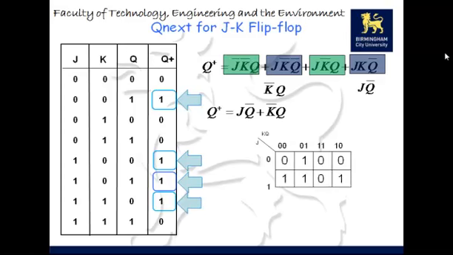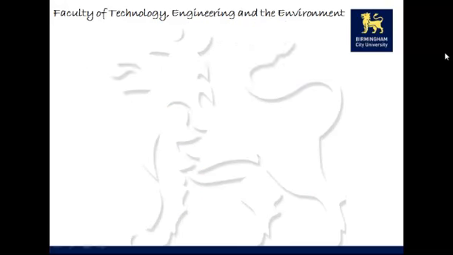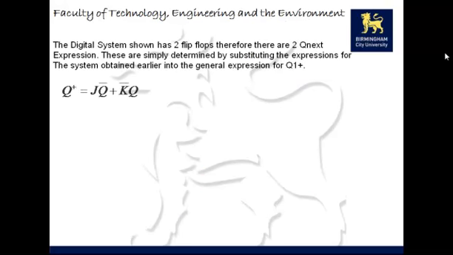Alternative method, Karnaugh map. Of course it's going to end up with the same thing. There we go. Okay. Now that we've got this generic Boolean expression for Q1 next, all we have to do, well, I'll show you, it's quite simple. That's a generic expression for Q next. What we can do is have 2 of those generic equations and make them specific to our circuit. Because there's 2 flip-flops, we're going to have 2 Q next.